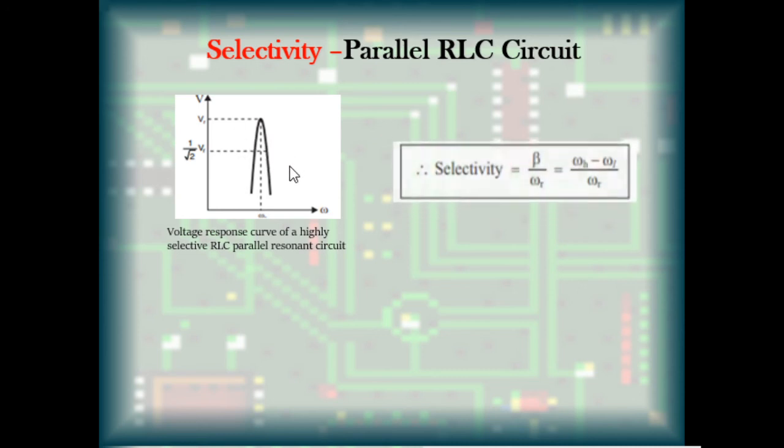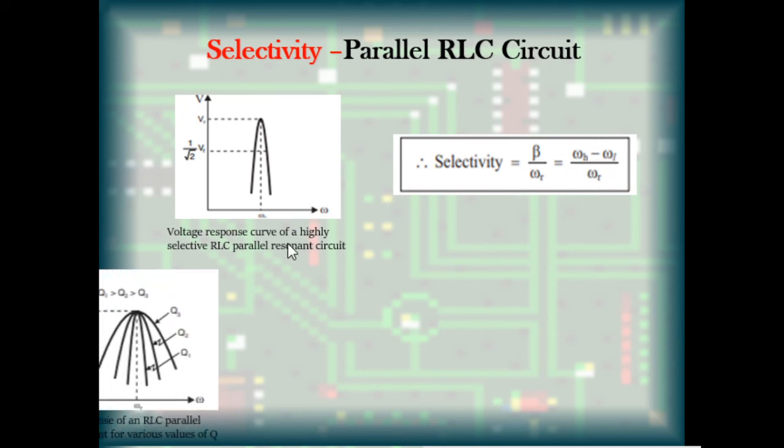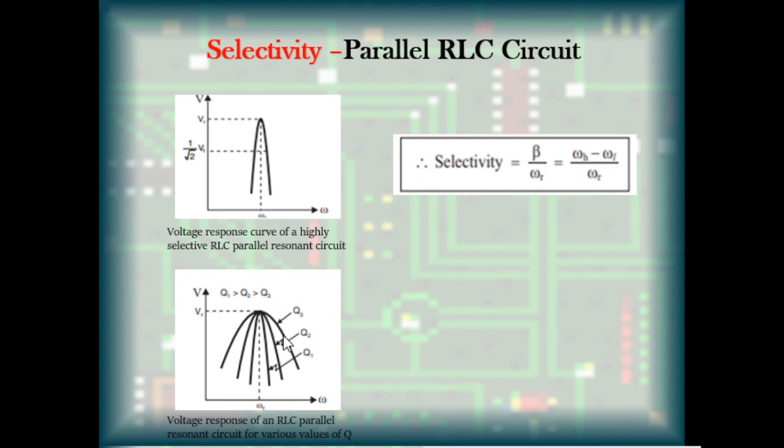So selectivity is defined as the ratio of bandwidth and resonant frequency. You already know what bandwidth is, that is omega H minus omega L, divided by omega R. So finally, looking at this portion, we can say that the circuit is highly selective when the value of selectivity is low, which is possible with a smaller value of bandwidth, beta.